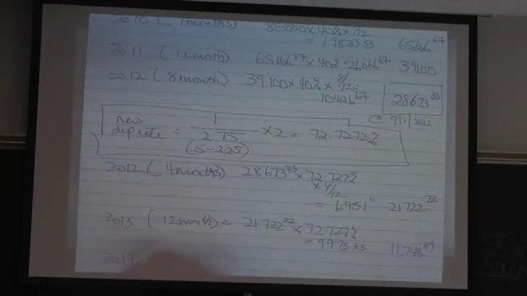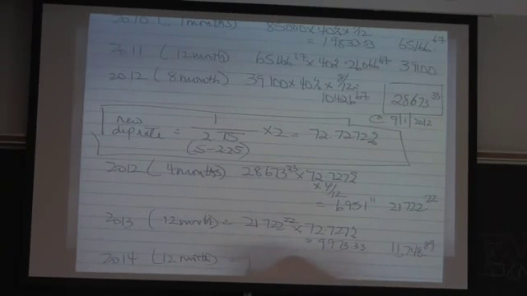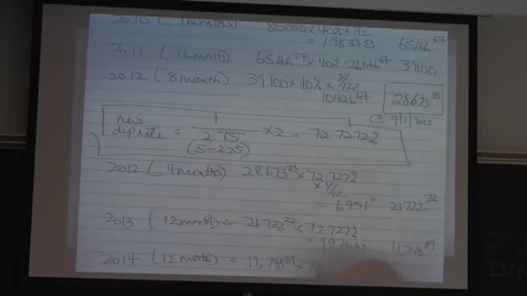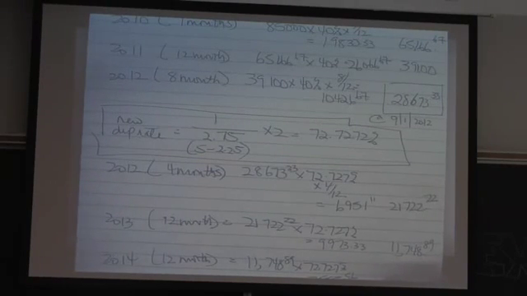Now, 2014, 12 months again, 11,748.89 times 72.727% gives us 7,555.56. Net book value is 4,193.33.